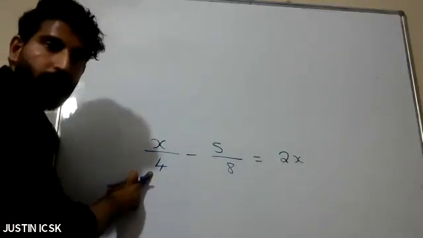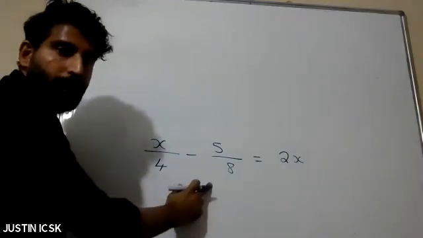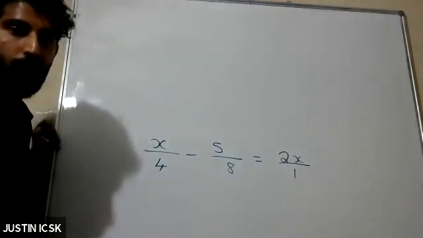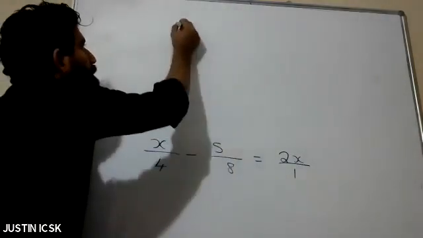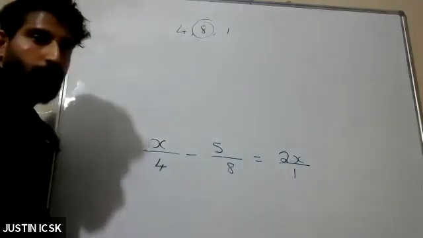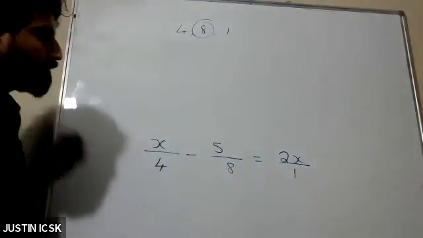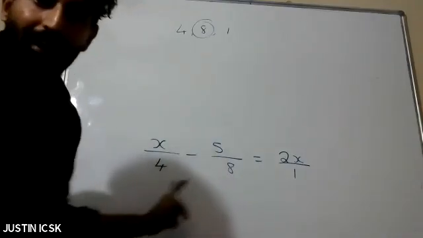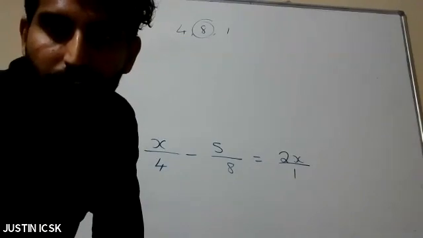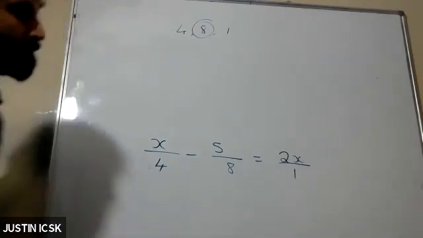Here, this is fraction. This is fraction. This is not fraction, put by 1. Numbers are 4, 8, 1. 8 by 4 possible. 1 possible. So we will multiply by which number? 8. LCM is 8. You should multiply by 8.